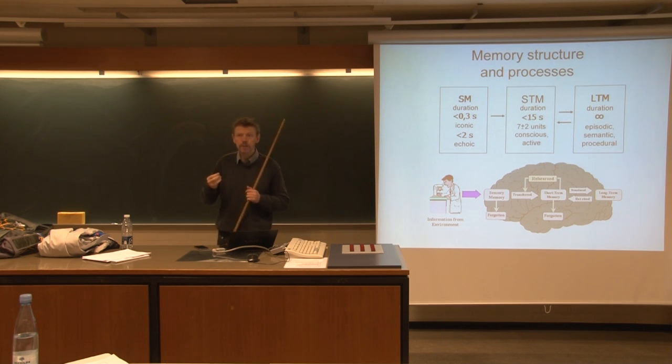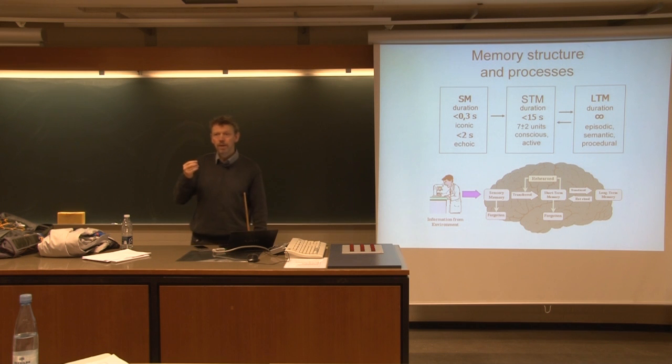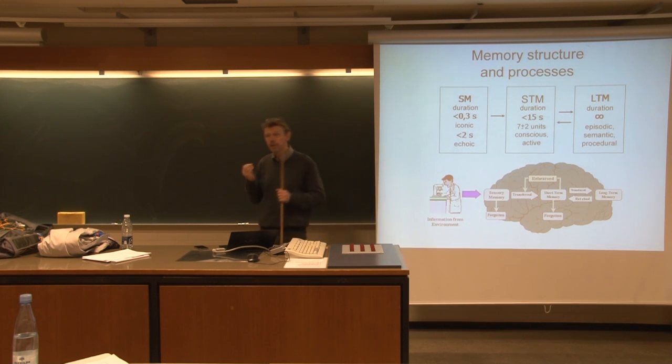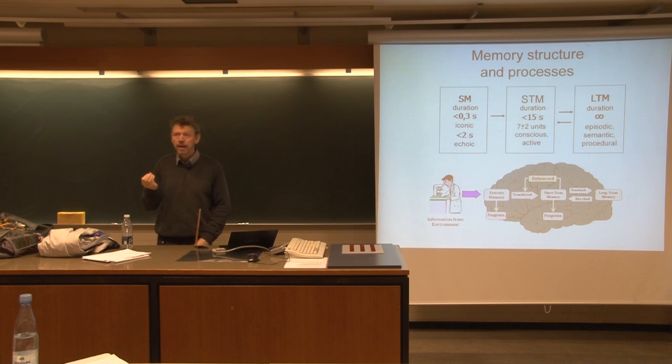The problem here is that if we didn't have that kind of sensory memory, very, very short term, I mean, it's less than 0.3 seconds, so it's 300 milliseconds or something like that, we would have a huge problem whenever we are using our eyes, for instance. We know that when we look at objects, we move the eyes relatively rapidly.